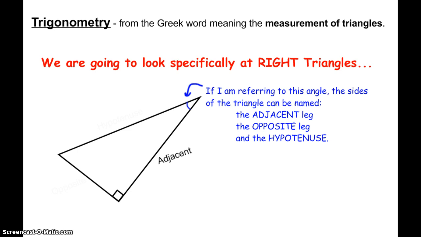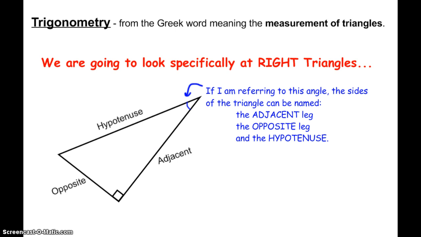I also have the other leg, which is the opposite leg. It's the leg across from the angle. So this is my opposite leg. And then of course, like we have in every right triangle, the side opposite the right angle is going to be my hypotenuse.